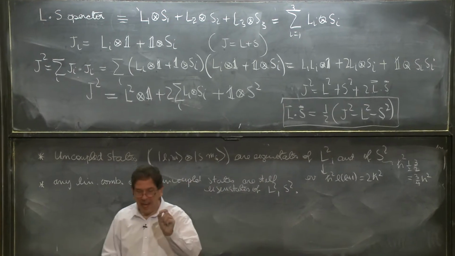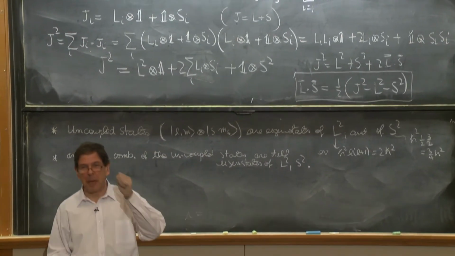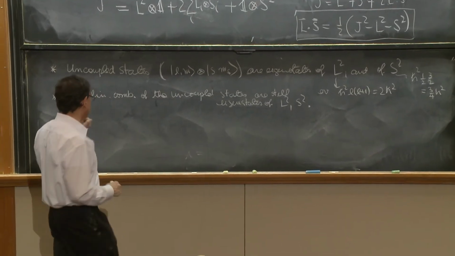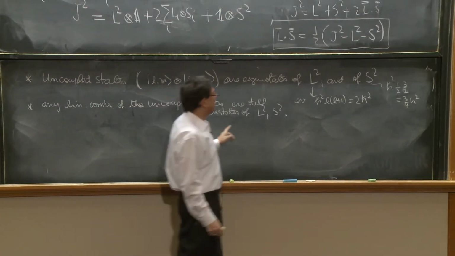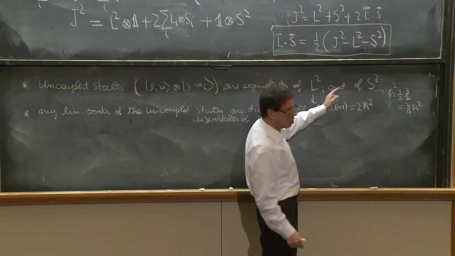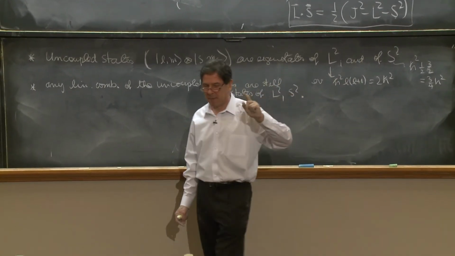But what you gain by selecting peculiar linear combinations is that you will manage to make them eigenstates also of J squared, we claim.